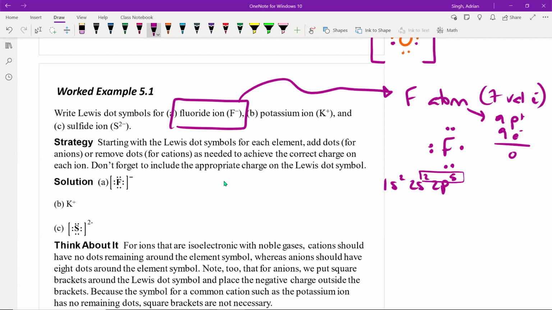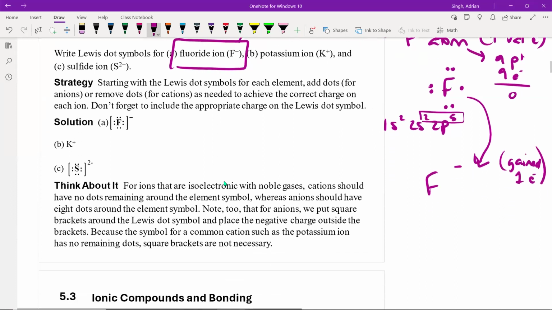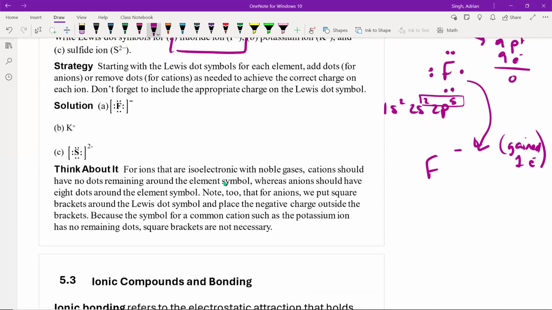What we're saying now is that we end up forming F minus. So F minus means that we've actually gained 1 electron. So now instead of having 9 electrons, we have 10 electrons. I still have my 9 protons because I don't mess with my protons. So that gives me a total charge of -1. Now, if I've gained 1 electron, guess what? I have my 7 that I started with, 1, 2, 3, 4, 5, 6, 7.